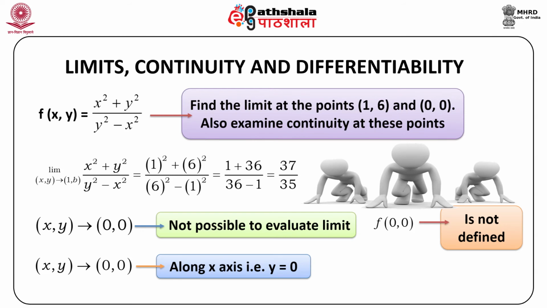Limit as x, y tends to 1, 6 of x square plus y square upon y square minus x square is equal to 1 square plus 6 square upon 6 square minus 1 square, which is equal to 1 plus 36 upon 36 minus 1, which is equal to 37 upon 35.